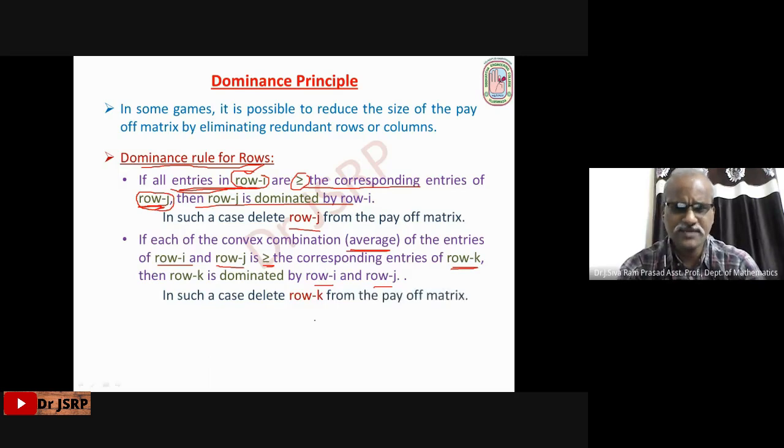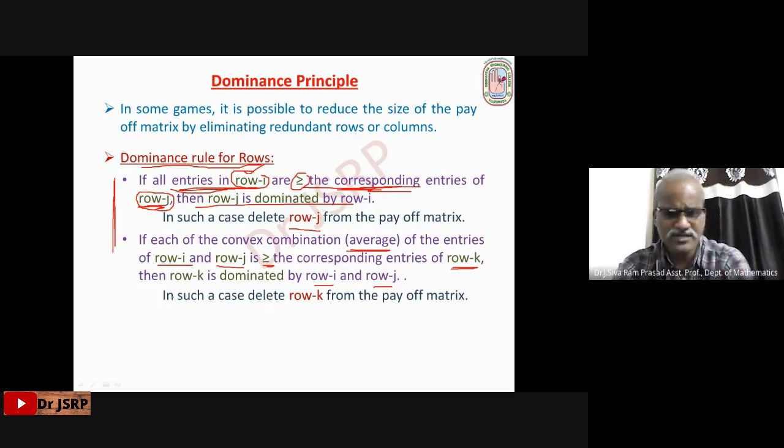That means the player gives preference to selecting strategies I and J. Overall, in rows, compare two rows and delete the row with lesser payoff entries, that is, delete the row on the lesser side of the inequality. So that is the dominance rule for player A, that is rows.